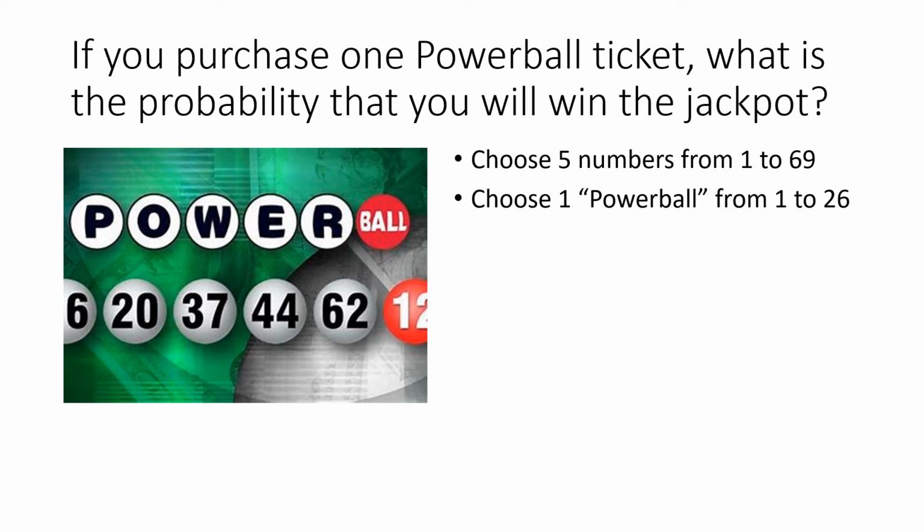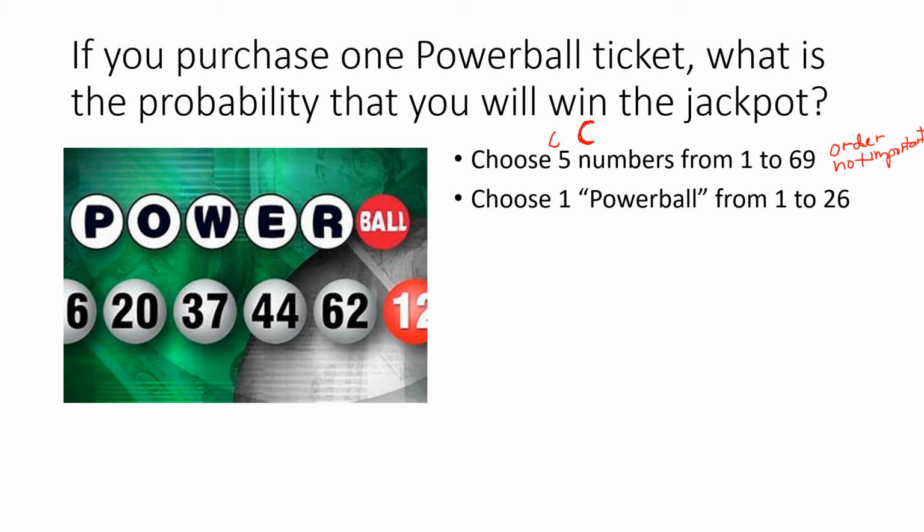So I'm choosing 5 numbers from 1 to 69. It doesn't matter if I get them in the right order or not. So order is not important here. I'm choosing without order mattering, so I'm going with combinations.